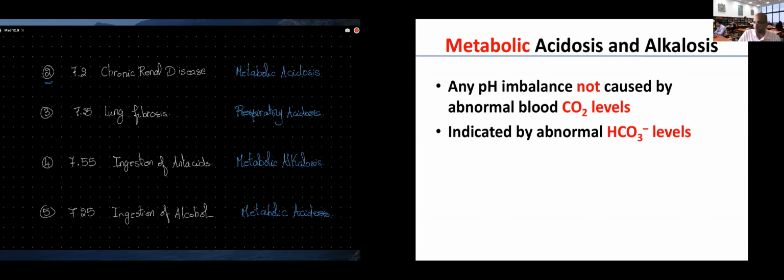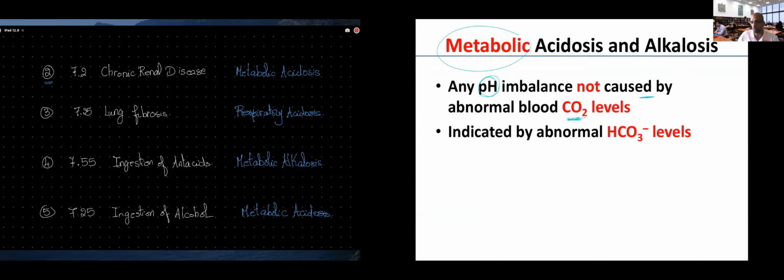So pH imbalance not caused by abnormal blood CO2 levels is going to be considered metabolic acidosis or alkalosis. If I have normal carbon dioxide levels, this means the respiratory system doesn't have anything to do with that.